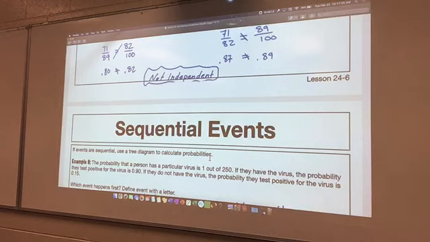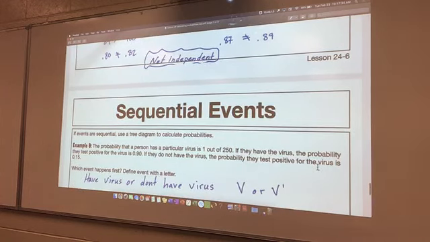Whether they have the virus or not. So that's your first thing, and remember, you can use V and V prime for not having the virus. And then the next thing was testing positive or negative. That was the second thing.